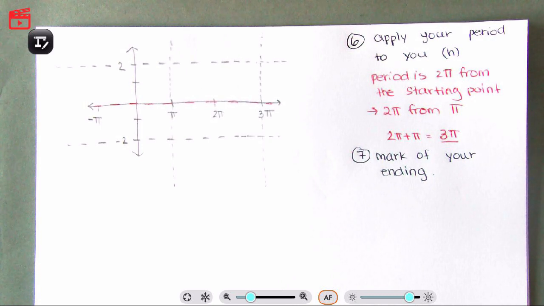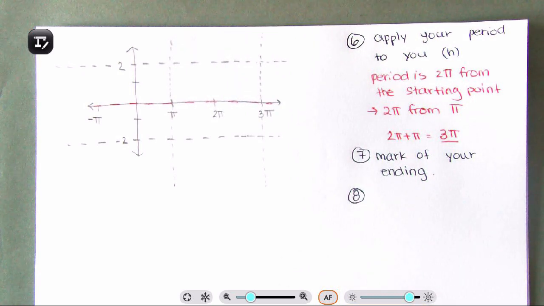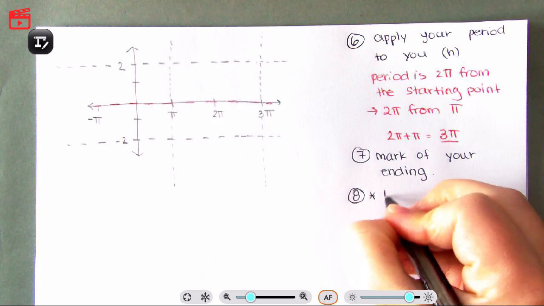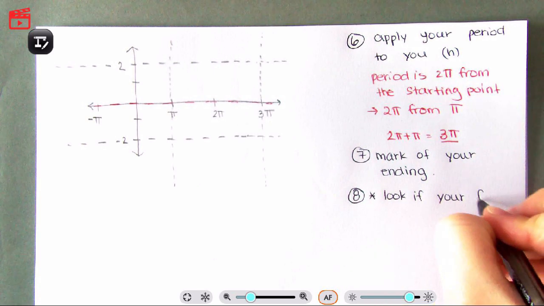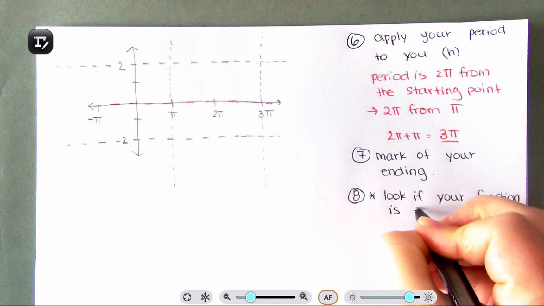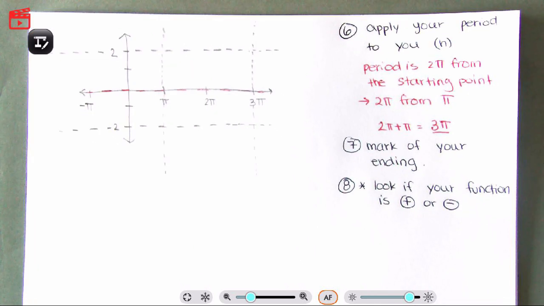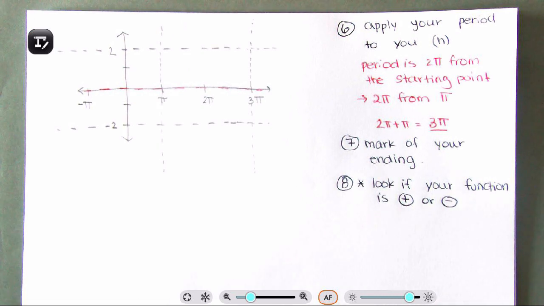So let's do number 8. Here's where I want you to look if your function is positive or negative. So that changes. Remember, if it is positive, we have your standard. It's going to look identical to your parent function minus the transformations.